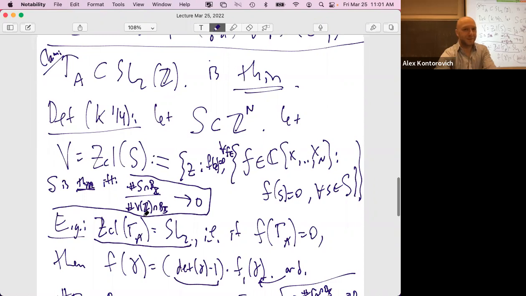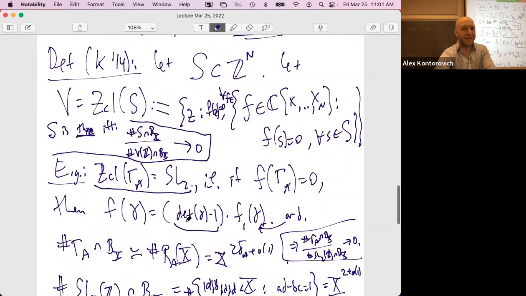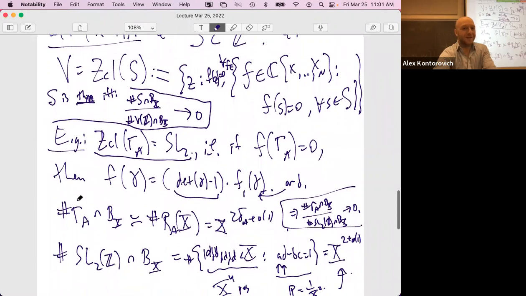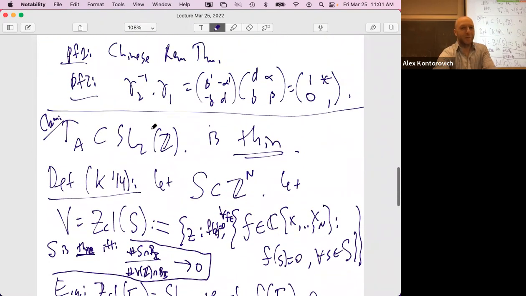Our variety in this case is the Zariski closure, AD minus BC minus 1. You're just taking integral solutions to it. Yep, that's all of SL2Z. And the set in our example is gamma A, so I'm applying this with S equals gamma A. That's a semigroup.